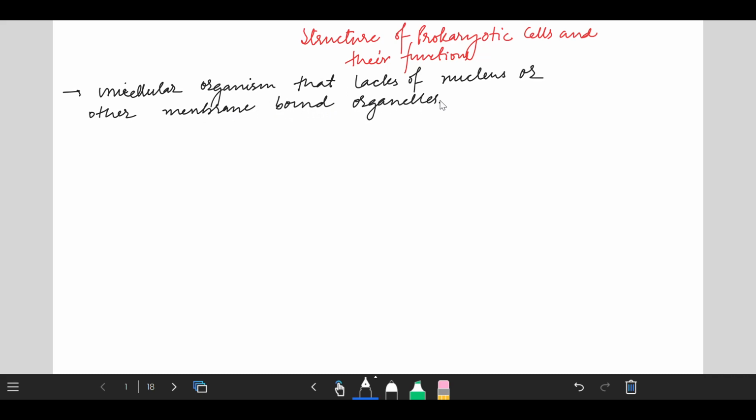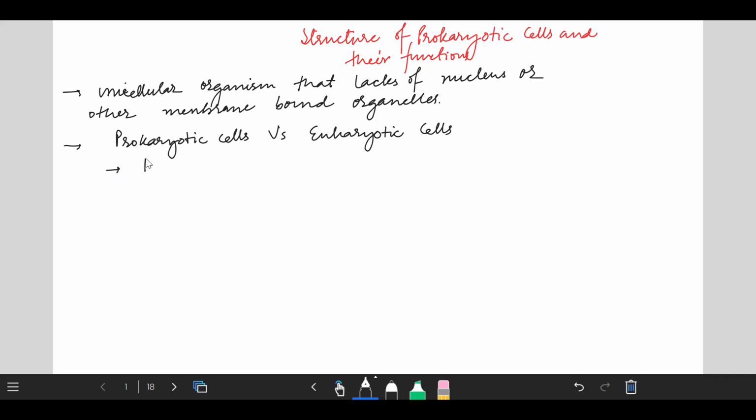Clear to you? Now, we need to understand that prokaryotic cells and eukaryotic cells share some common components, mainly 4 common components. Which common components?